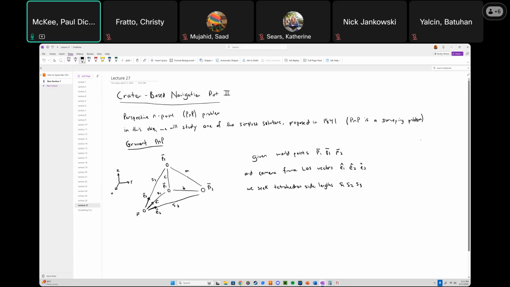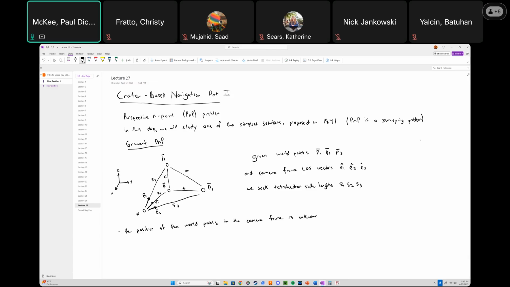So let's see here. We'll start with mentioning this. The position of the world points in the camera frame is unknown. So we know that we're looking at this kind of triangle of points, but the observer at R does not know any of these distances, right?